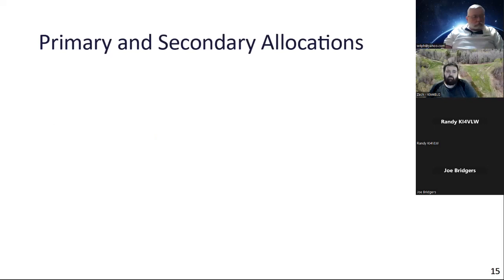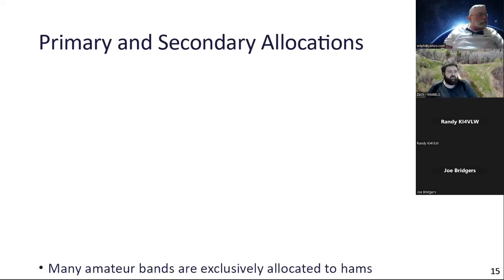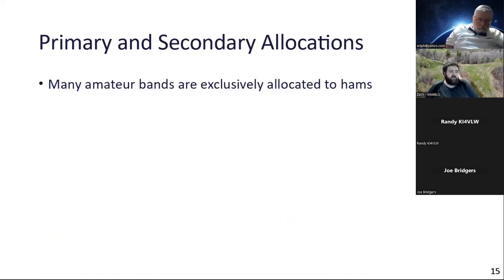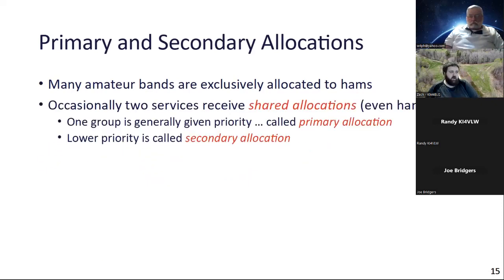Let's talk too about primary and secondary allocations. So many amateur radio bands are exclusively allocated to hams. That's the only people you're going to find there. You're not going to have to fight it out with somebody else that's using the frequency. Sometimes you get what's called shared allocations, even on the ham bands, where more than one group may have access to those frequencies.